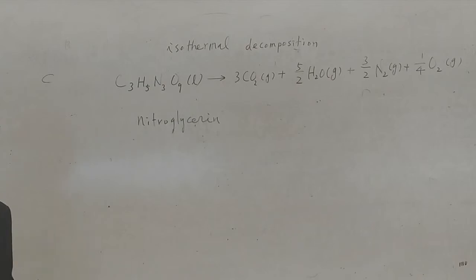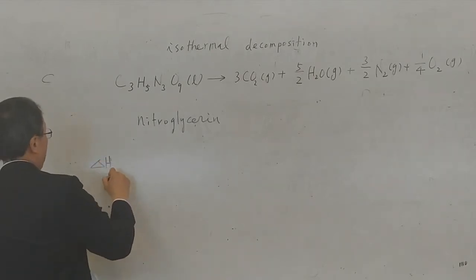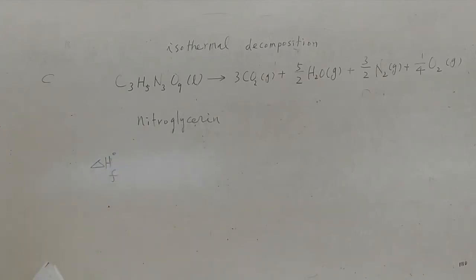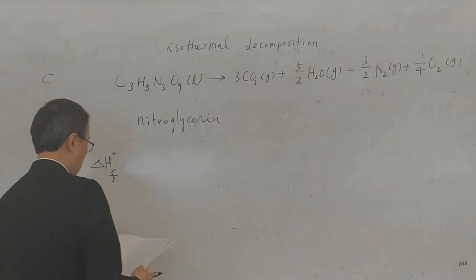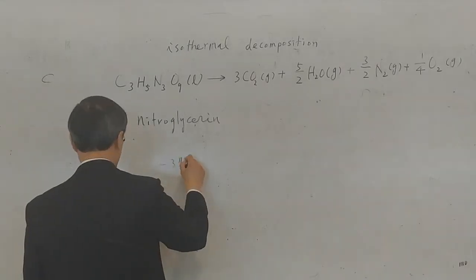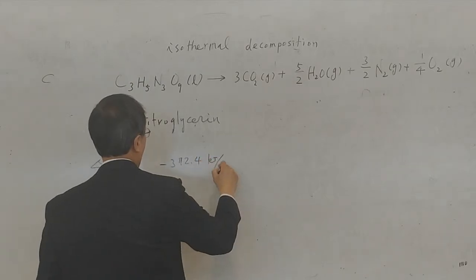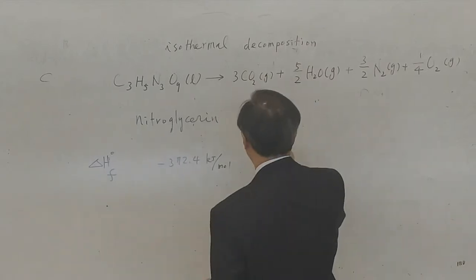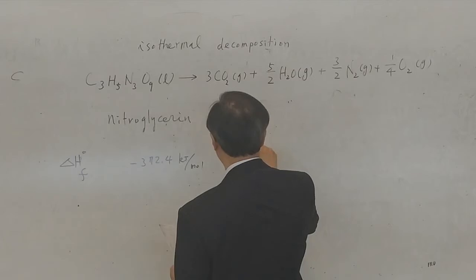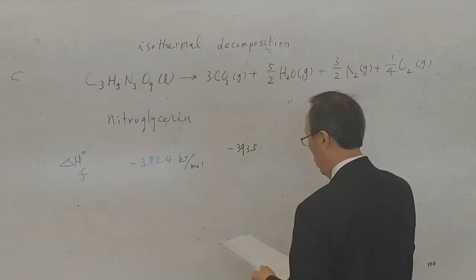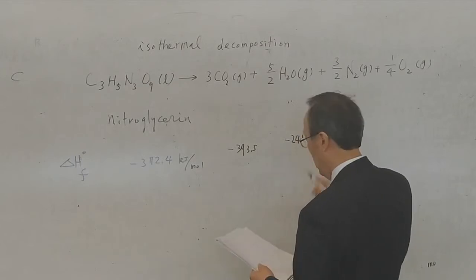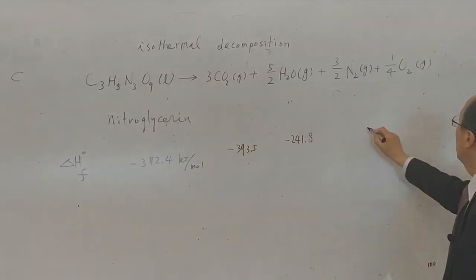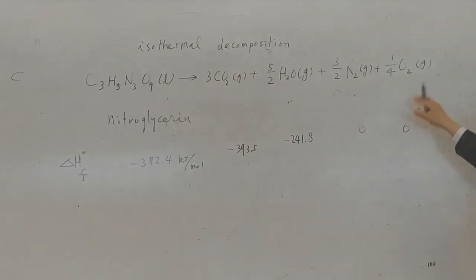So they are exploding. The enthalpy of formation at the standard state of nitroglycerin is minus 372.2 kilojoule per mole, CO2 is minus 393.5, H2O is minus 241.8, and N2 and O2 are elements, so therefore the enthalpy of formation is 0.